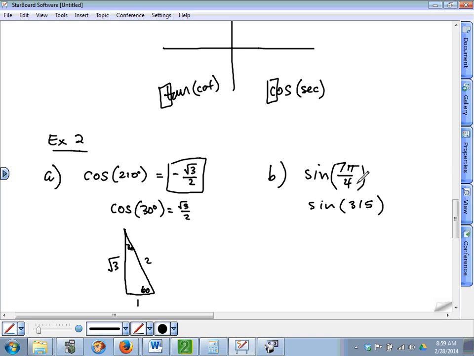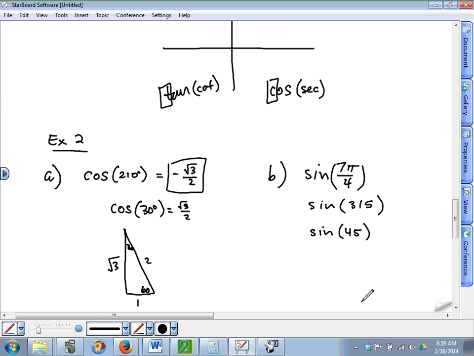315 is the same as 7 pi fourths. Now 315 is in the fourth quadrant. All the way back up to the x-axis is 360. So what's the gap between 315 and 360? 45. So the reference angle is 45 degrees. So we're no longer going to try to evaluate the sine of 315.